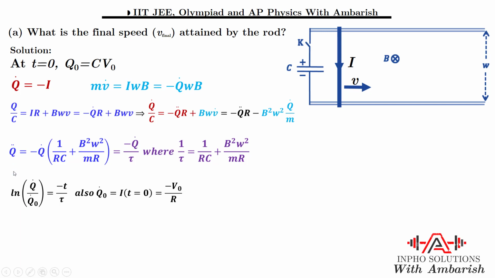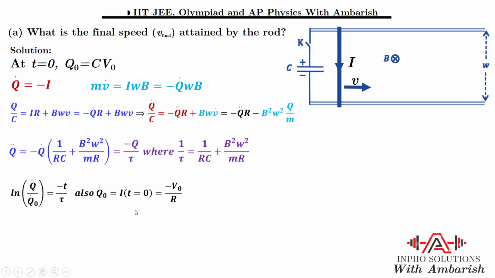And initial charge is q naught, initial current is q naught dot, you can say. So q naught dot, the initial current, is nothing but v naught by r, right? So instead of q dot naught, you can put minus v naught by r, and by integrating with the appropriate limits, you get log of q dot divided by q dot naught, this is the q dot or current at t equal to 0, is equal to minus t by tau.